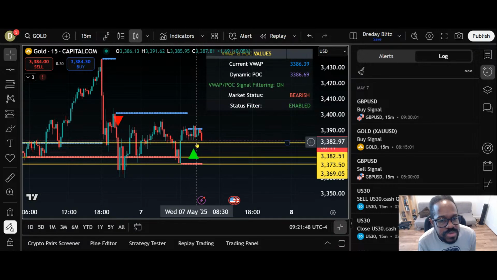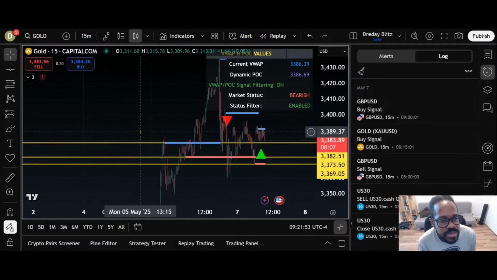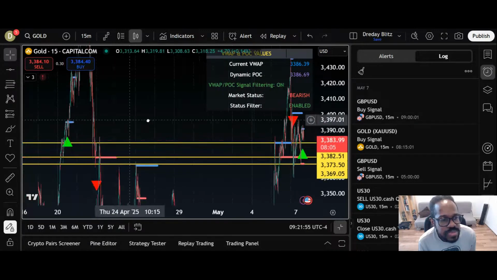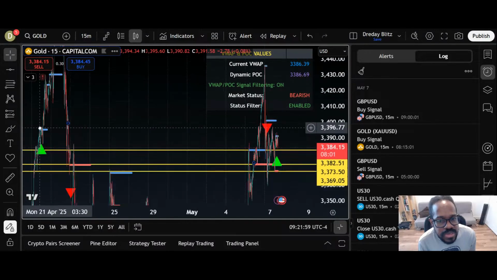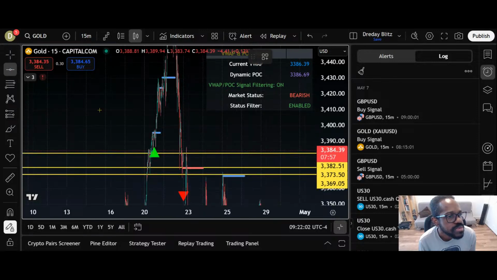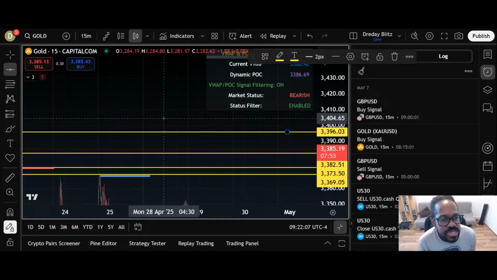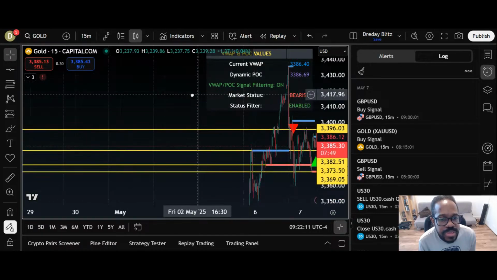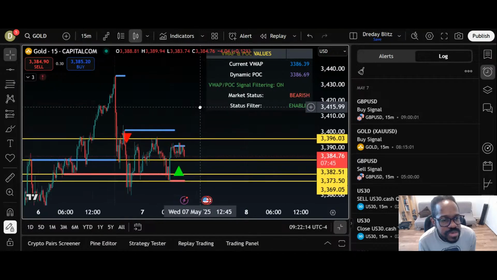So the TP here, you have this one here. Go on the left side. This one, I think it's the same. No, so it's not the same. So a small resistance zone here. That will be a TP zone to look for.